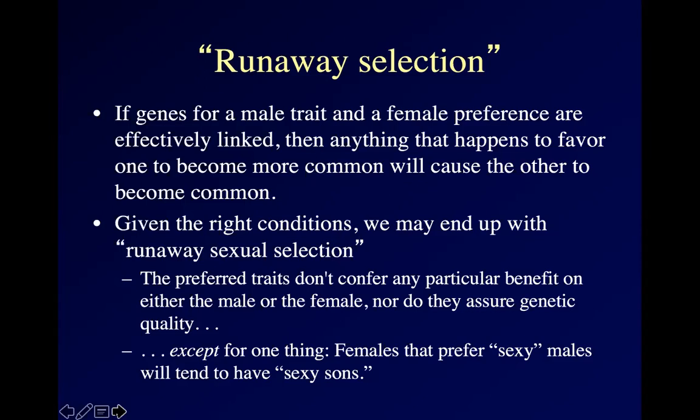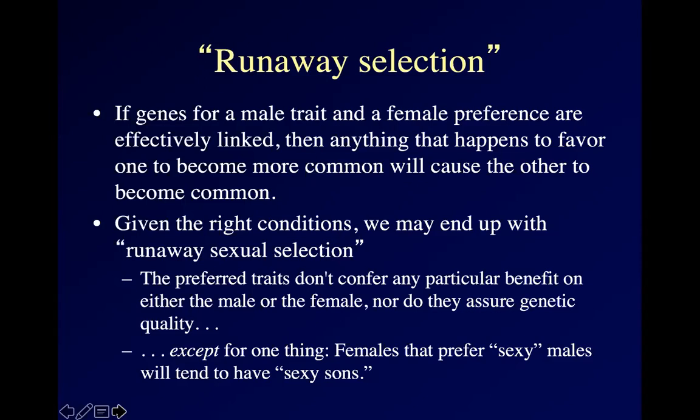Okay, the fast strokers are going to have more offspring, but that means there'll be more beetles that are fast and more beetles that prefer the fast stroking. And because there are more females that prefer the fast stroking, they will mate with fast strokers and leave more offspring.